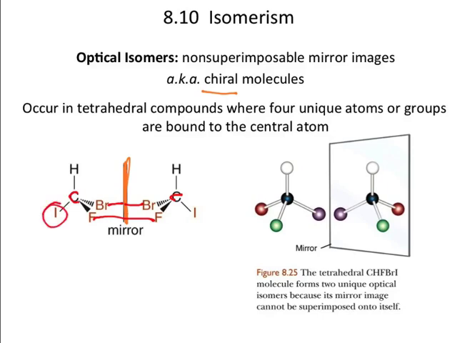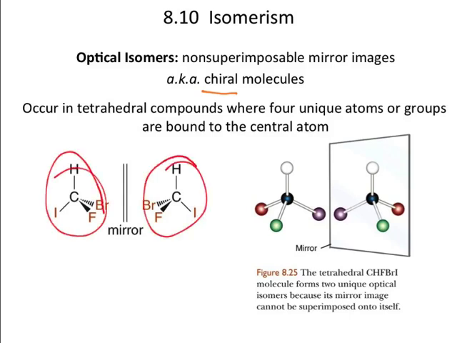The iodine's farthest from the mirror on both sides, and the hydrogen still points up. So if you do this, you now have a different molecule. You cannot rotate the molecule on the right in any way to make it line up with the molecule on the left. And please remind me if I don't do it already, this is easiest to see with models in class. So we'll have to show that. Okay, so these are optical isomers of each other.